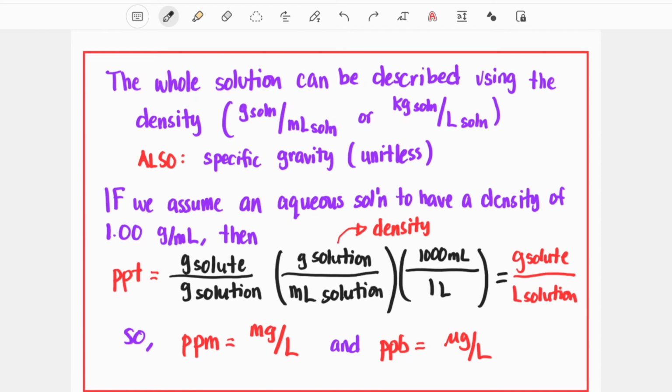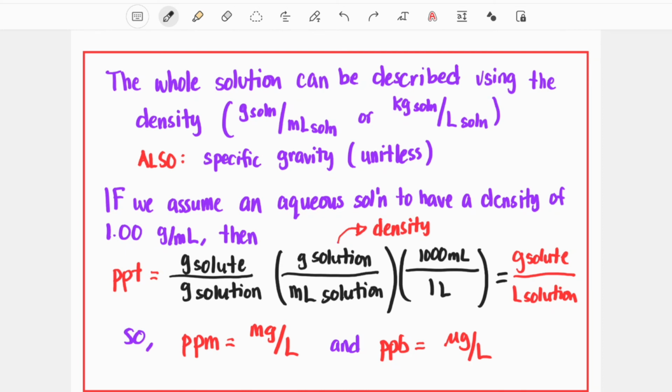Those two are equivalent, g per ml and kg per L. It just so happens that you multiplied 1,000 to both the numerator and denominator. So since you're essentially multiplying by 1, they are the same thing. You might encounter something called the specific gravity. That's essentially the same as density, but without the unit.